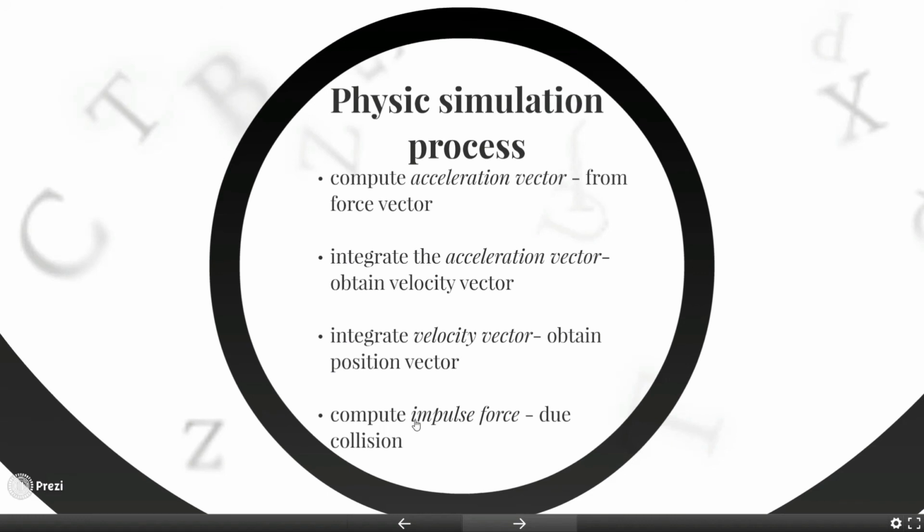Generally, the physical simulation process consists of: first, computing the acceleration vector from the force vector, and then integrating the acceleration vector to obtain the velocity vector. That velocity vector will be integrated to obtain the position vector. At last, we can compute the impulse force due to collisions.